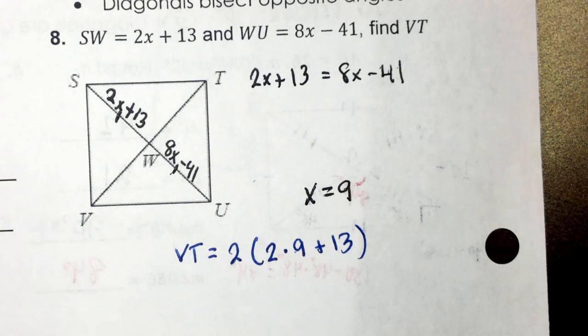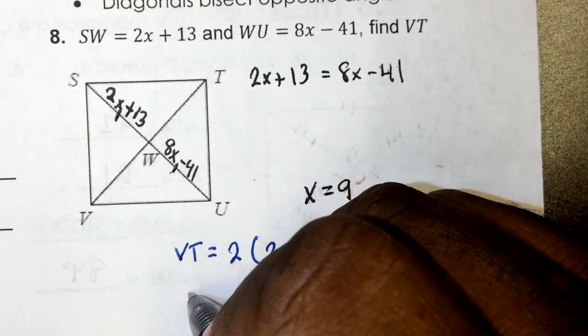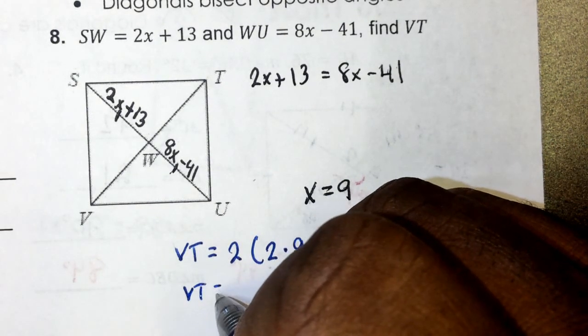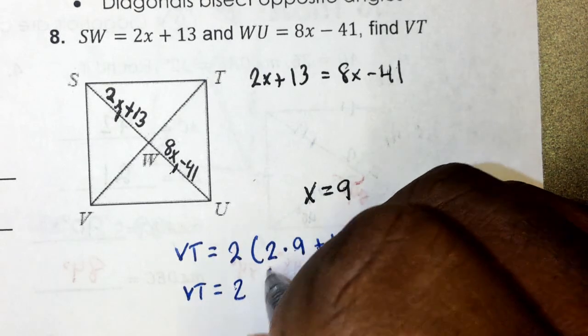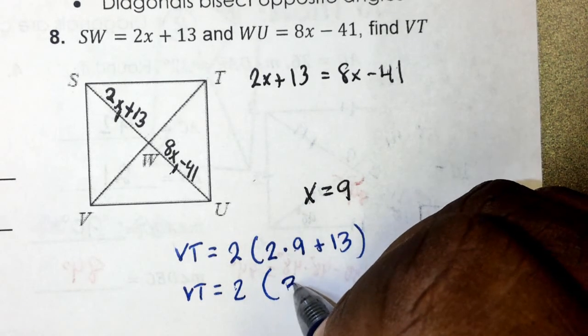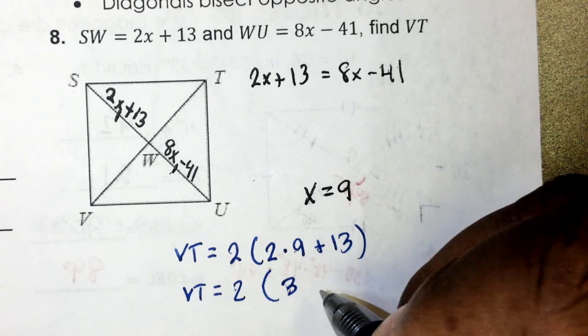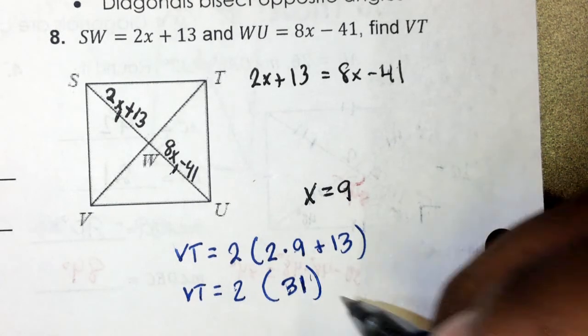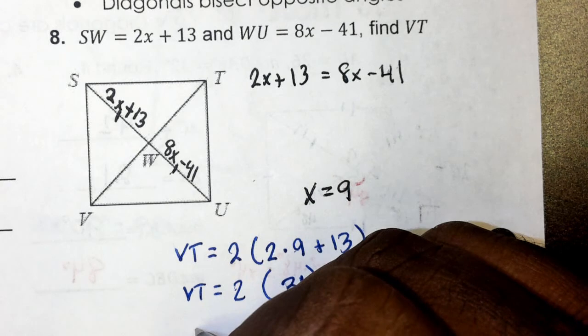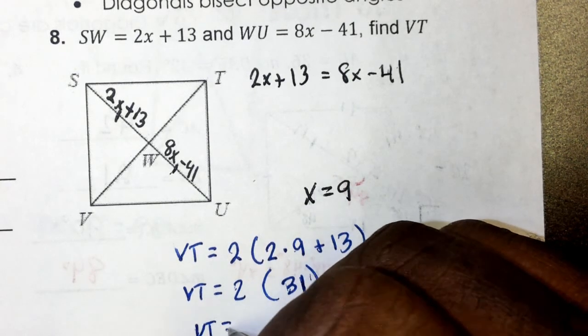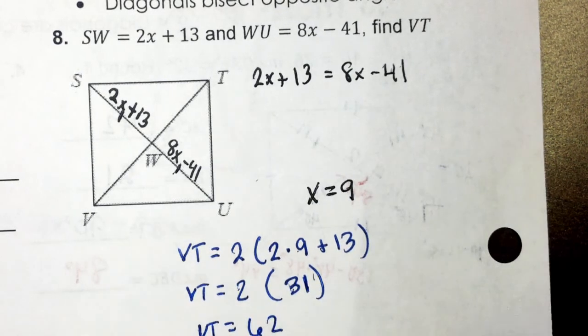Follow the order of operations, though. Do what's in parentheses first. Y'all get 31. 2 times 9, 18 plus 13, yeah, 31. And then double that up. VT equals 62.